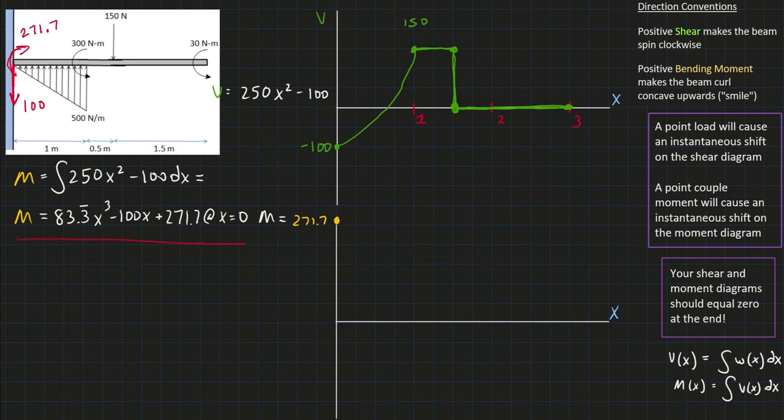So if you're using this indefinite integral method, this is the one that you really want to have your graphing calculator on you for. All you got to do is just put it into your graphing calculator. And this moment equation is going to be valid from the beginning to x equal to 1, just like this shear equation is.